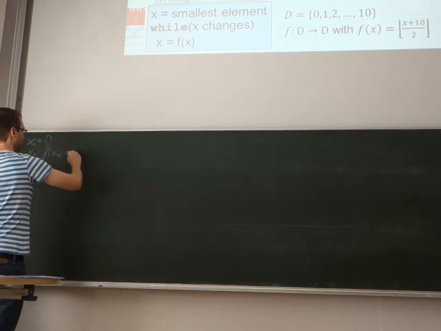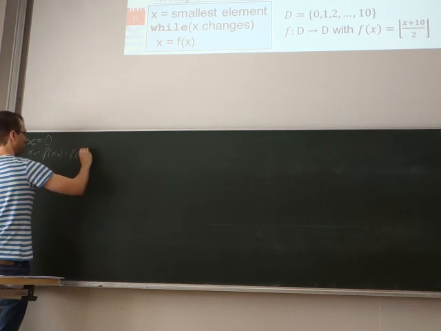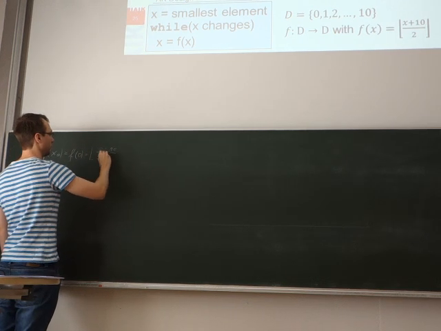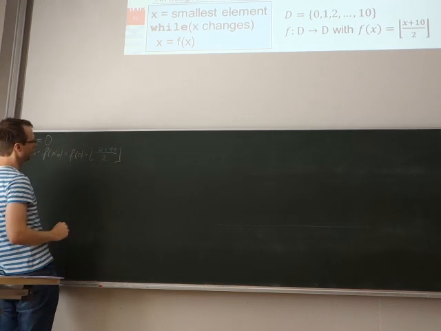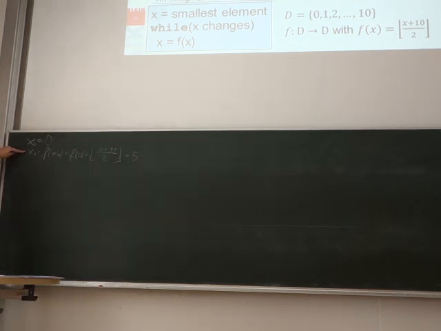So basically, in our first iteration, we compute f of 0, which is (0 plus 10) divided by 2, which is roughly 5. So this is our new value for x after the first iteration.